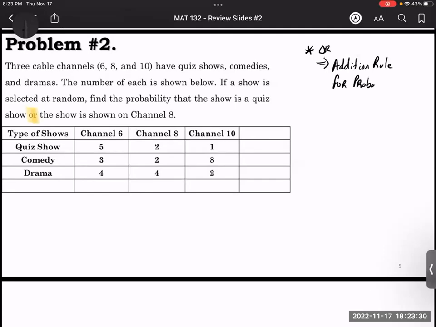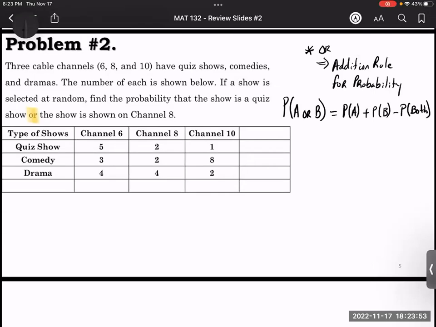So I'll provide you with that formula. The addition rule for probability states that the probability of A or B is equal to the probability of A plus the probability of B minus the probability of both.